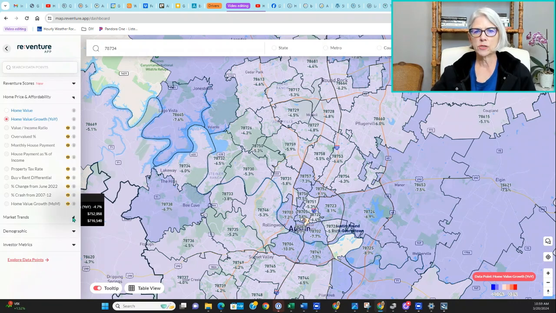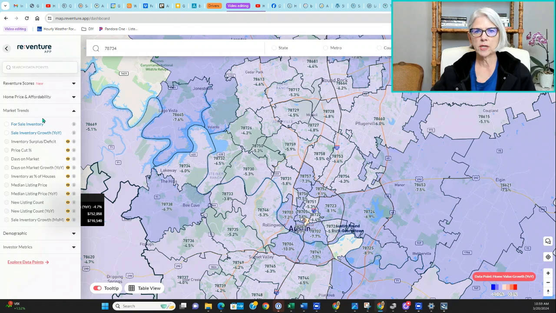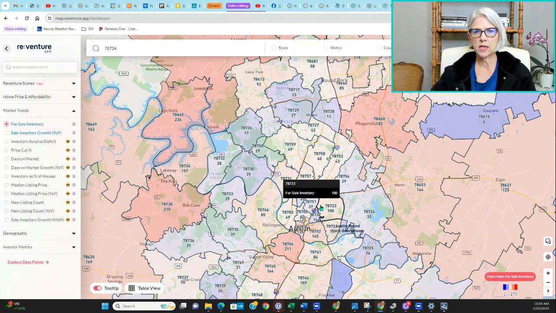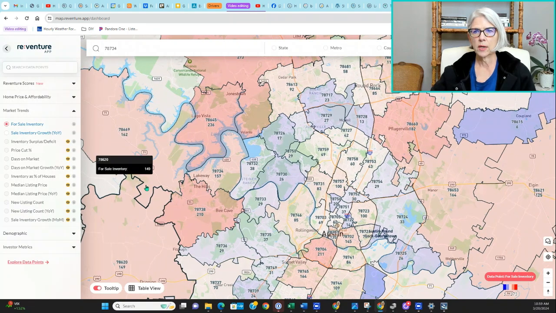And then I'll also show you that you can go to market trends and you can see if for sale inventory is increasing or decreasing and how much inventory is on the market now. So for example, going back to our Lakeway, we see that 157 properties are for sale, whereas if we look at the nearby area code here, we see that 162 properties are for sale.